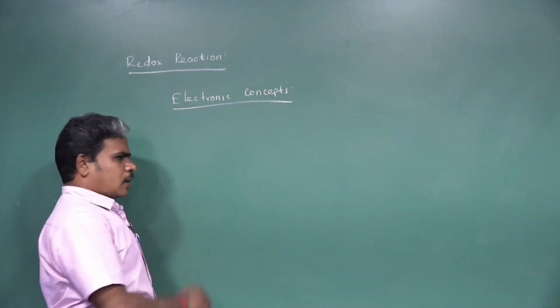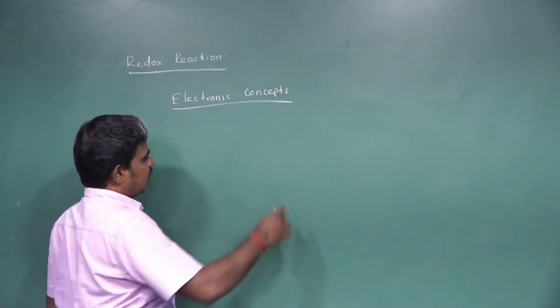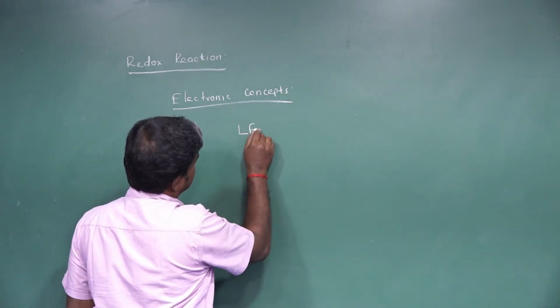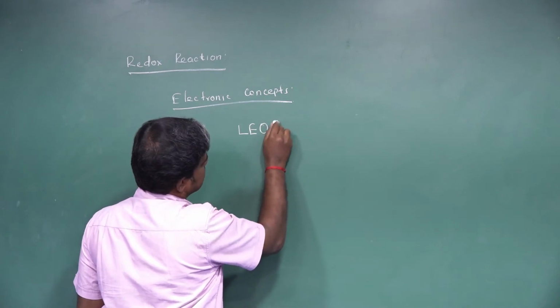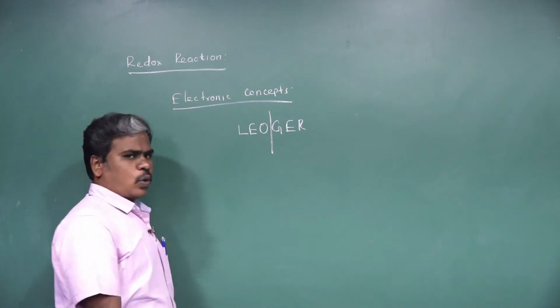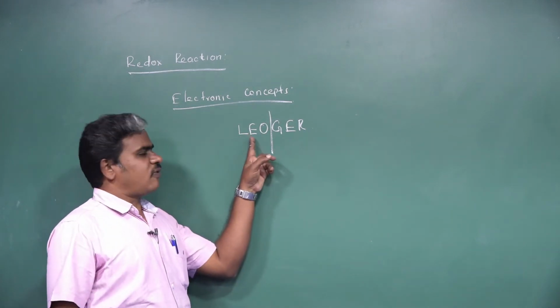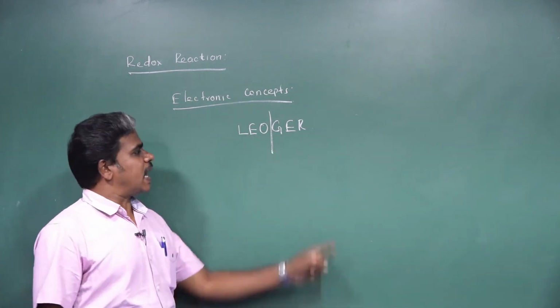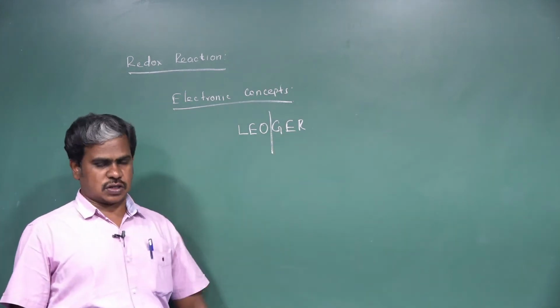In this electronic concept, we may simply identify it by LEO GER: loss of electron is oxidation and gain of electron is reduction.